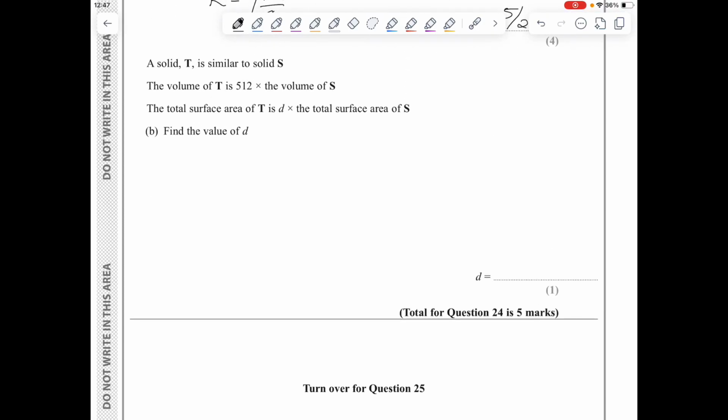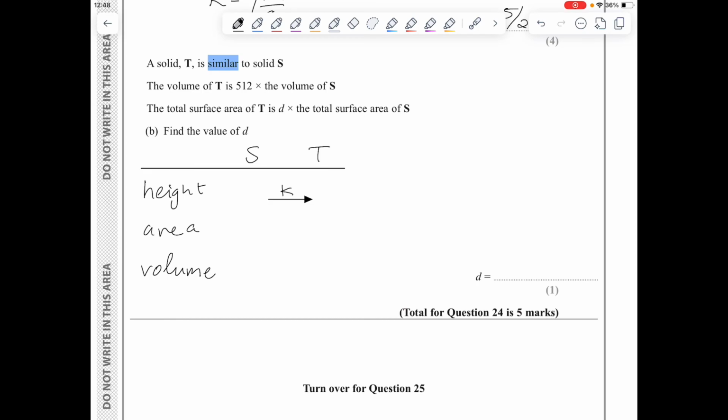Now for part B, I have two similar shapes, and the volume of T is 512 times the volume of S. I will work with the standard table I use in similar areas and volumes. I usually let K be the scale factor of height.